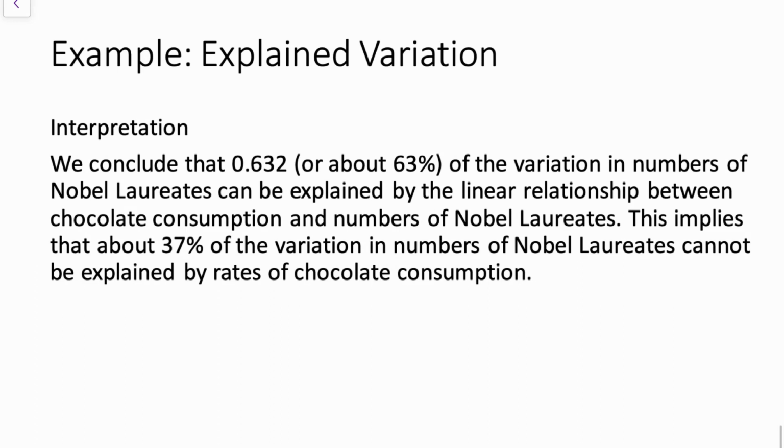It means that about 0.632 or 63% of the variation in the number of Nobel laureates can be explained by the linear relationship between chocolate consumption and the number of Nobel laureates. This says about 37% of the variation cannot be explained by these chocolate consumption rates.